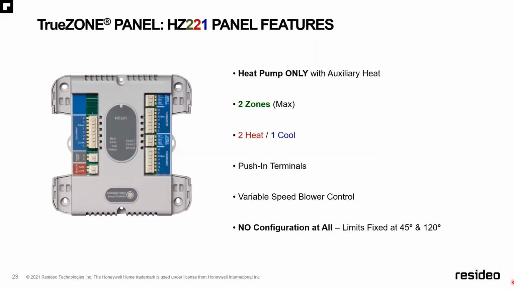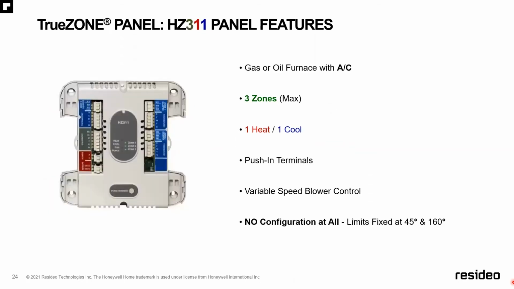It does have the variable speed control for your blower on that DSBK terminal, but please understand that you're stuck with fixed limits of 45 degrees and 120 degrees. So we'll talk a little bit later of why having the flexibility that our other panels give you is an advantage.